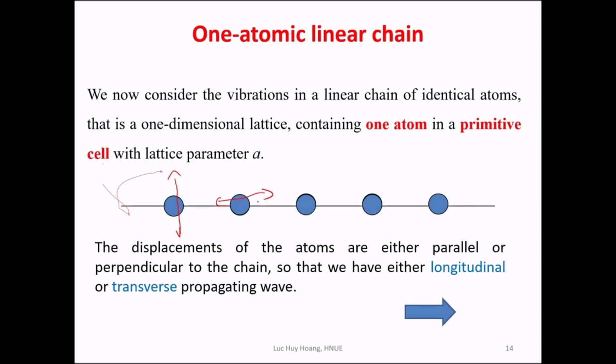And if the atom vibrates like this, parallel to the propagating wave, we call it a longitudinal wave. So we have two ways of vibration of the atom.